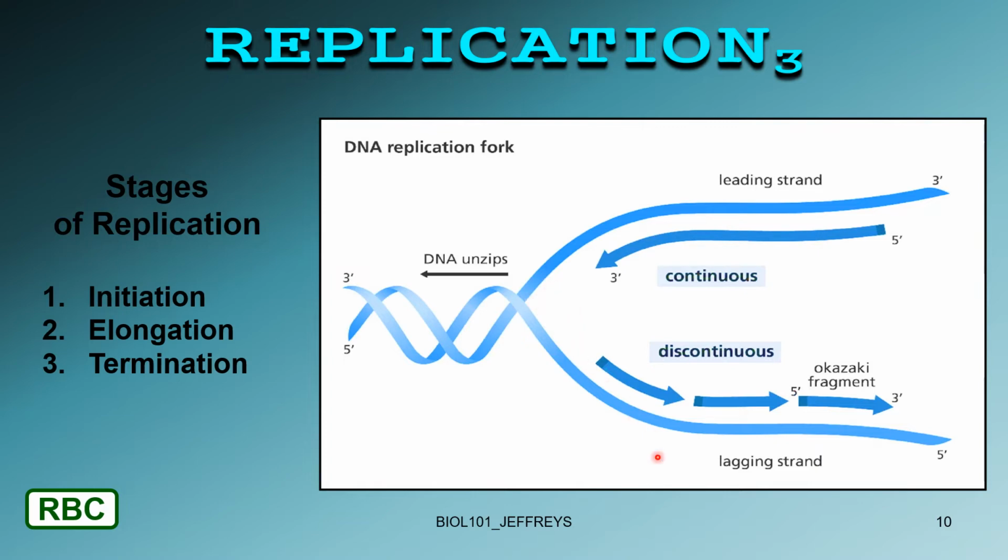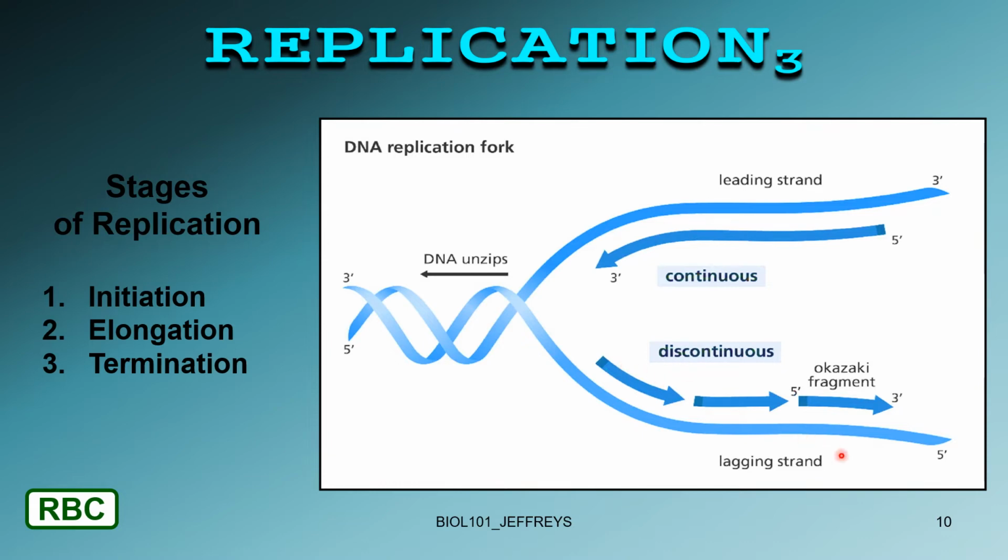Now, we call this the lagging strand because it involves discontinuous replication, which means that, remember now, replication is always in the 5' to 3' direction. So that's why we have to go in reverse, as it were, in the lagging strand.